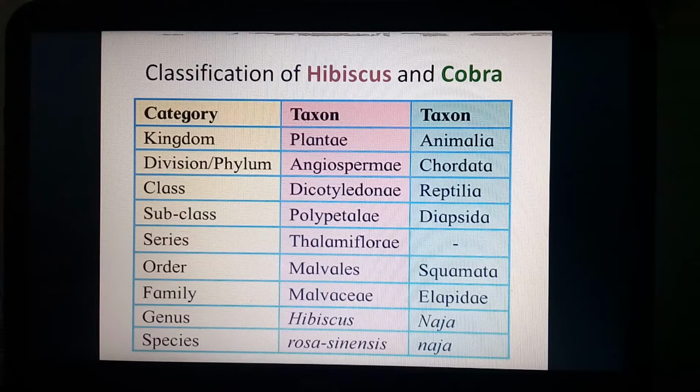Mind it, here the subphylum, division, superclass are not given but are used in the classification of an individual animal.